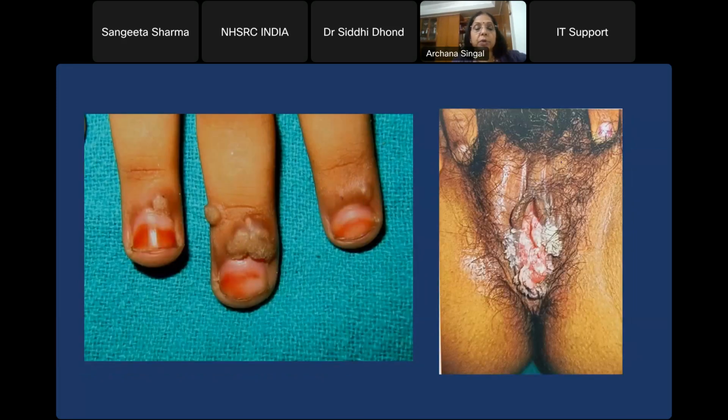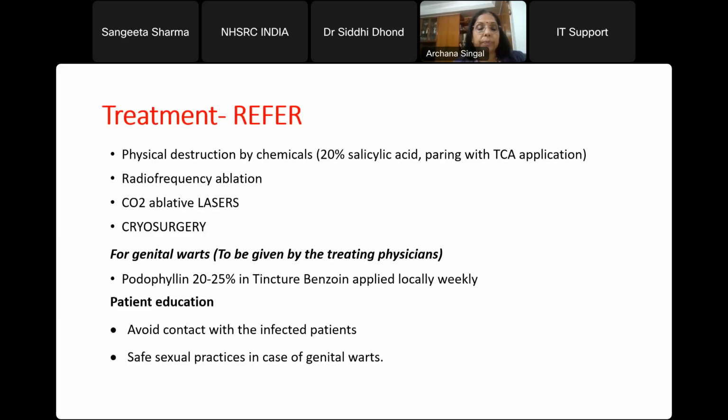Finger-like projections, periungual warts when the wart occurs around the nail, or genital warts when they occur on the genitalia in male and female. So it's a sexually transmitted disease, and has to be treated separately as an STI. It's a notifiable disease. Next. Since no topical application will cure them, you have to send them to a dermatologist. Next.